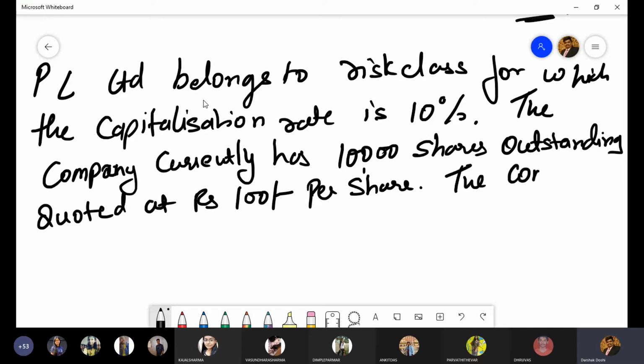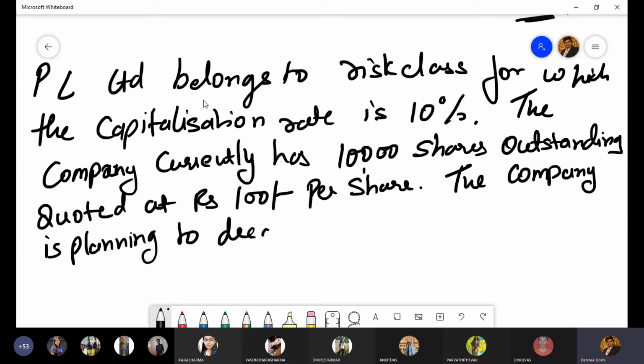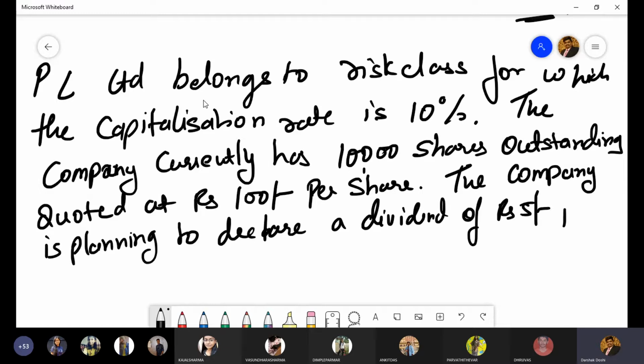The company is planning to declare a dividend of rupees 5 per share at the end of year.